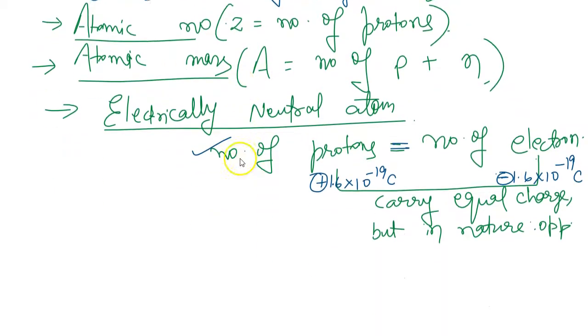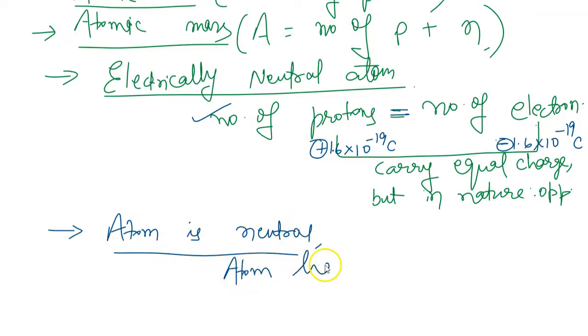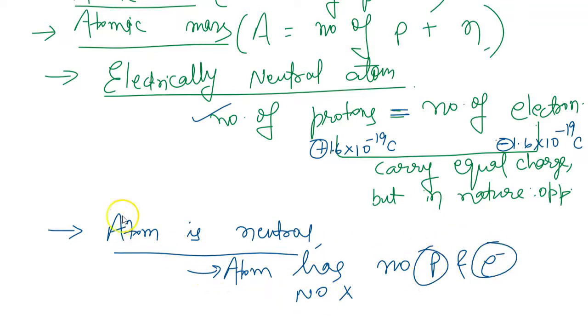So for example, if I say that an atom is neutral, does it mean that the atom has no protons and electrons? Answer is clearly no. Without protons and electrons, the existence of an atom is not possible.